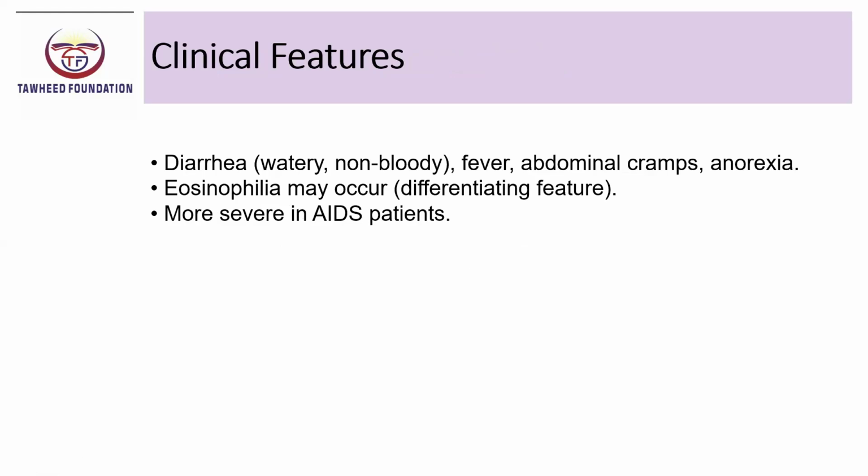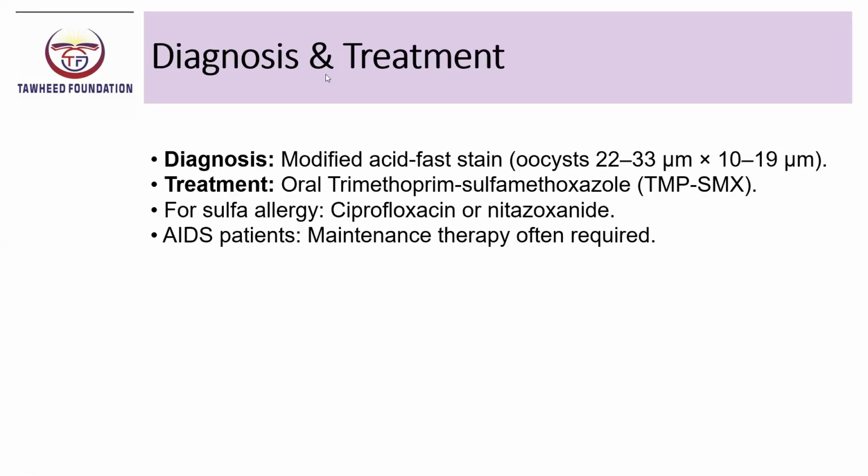Each oocyst contains two sporocysts with four sporozoites in each. The diarrhea is watery and non-bloody. Fever, abdominal cramps, anorexia. Eosinophilia may occur, which will differentiate it, and features are more severe in AIDS patients.